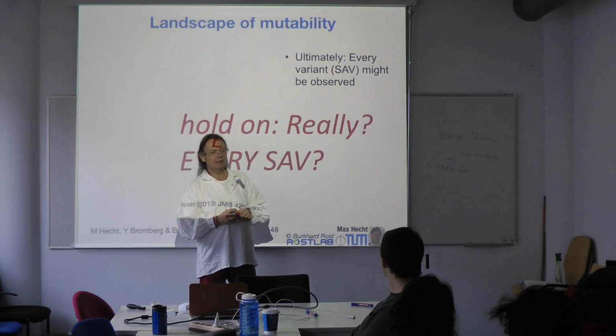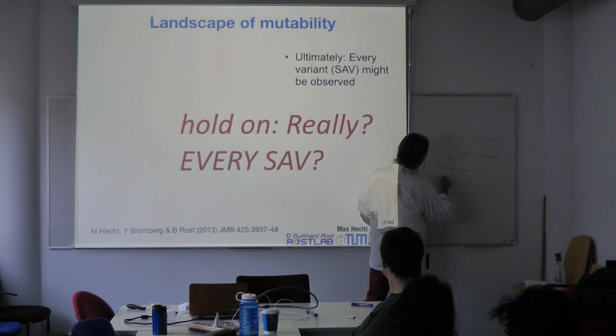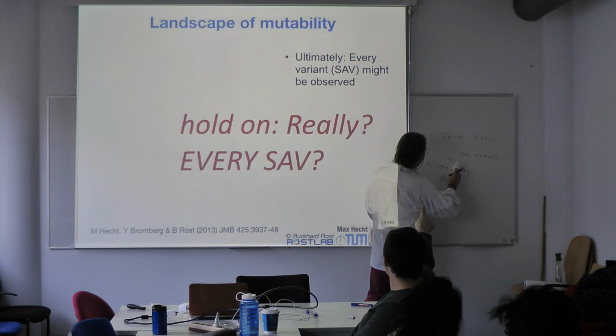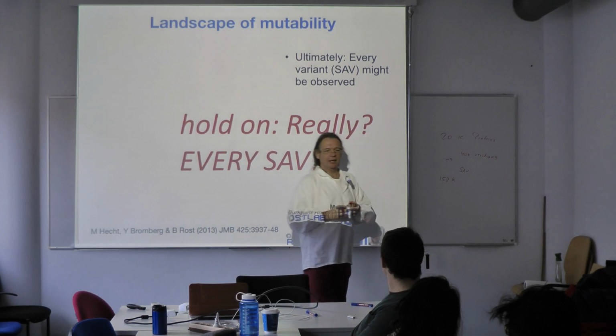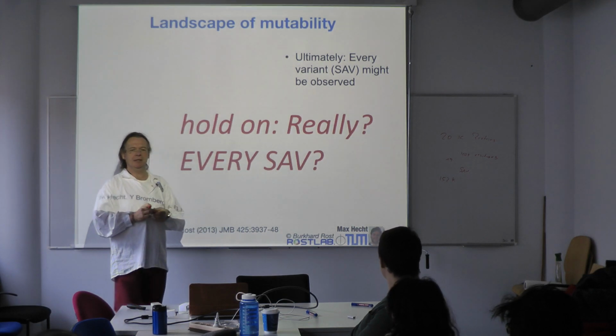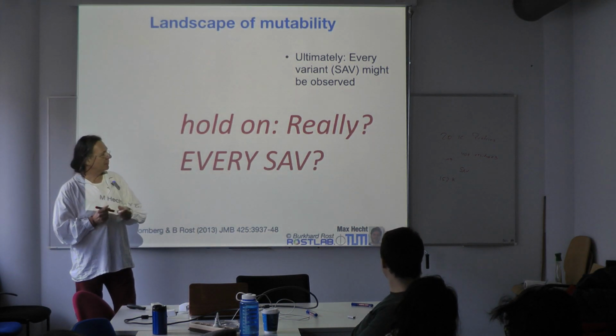Yeah, okay. You were right, I forgot this step with times 20, because every single position has 19 possible variants, right? That is exactly the factor I forgot. Thank you for making that point.